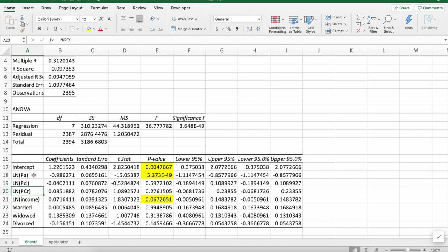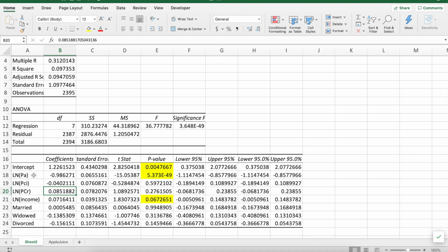Okay, so if the price of cranberry juice, for example, went up like crazy, perhaps there was some failure in the cranberry supply one year, that huge decrease in supply resulted in a massive spike in the price of cranberry juice, and you're an apple juice seller, you're worried, okay, is that going to affect demand for my apple juice? According to this data, no. So if the price of cranberry juice jumps way high, it's not really going to affect the quantity demanded of your apple juice.